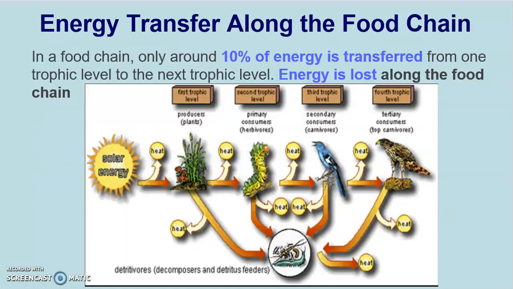So if we go back up here, we've got light falling on the plant, and that locks in what we refer to as gross primary productivity. But then the plant doing its own plant stuff is going to lose some energy, so there's less available to be passed along to the herbivore in this case here.